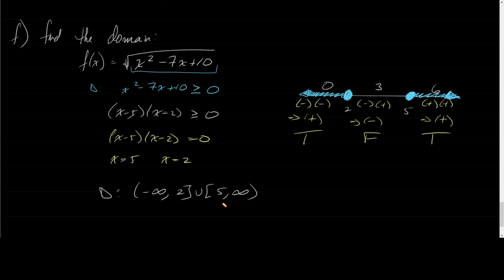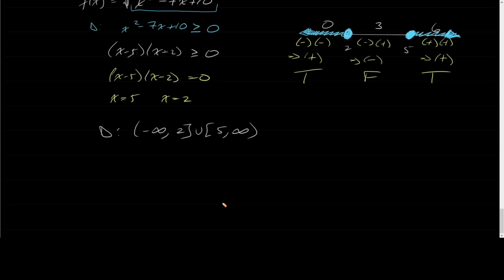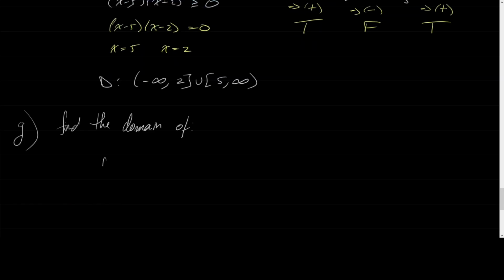All right. Let's do another one like this, where we're looking for the domain. So let's say I said, find the domain of f of x being equal to the square root of 1 over 2x minus 1 plus x over x plus 2.